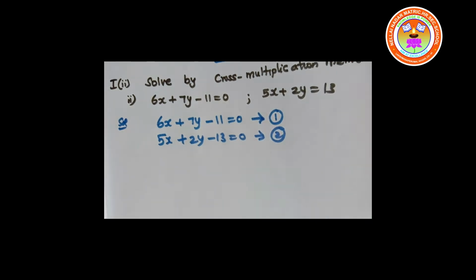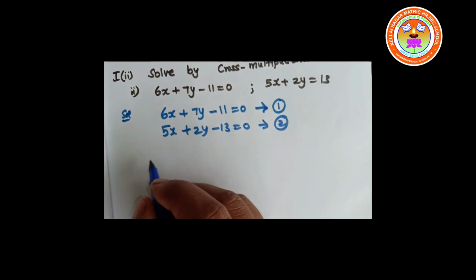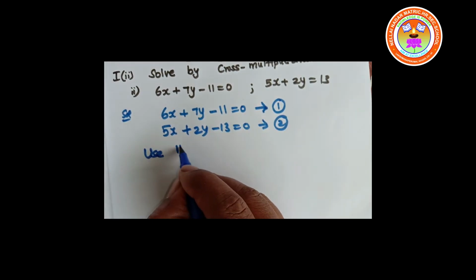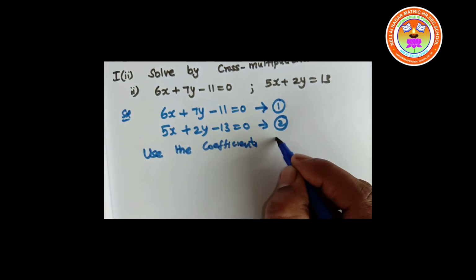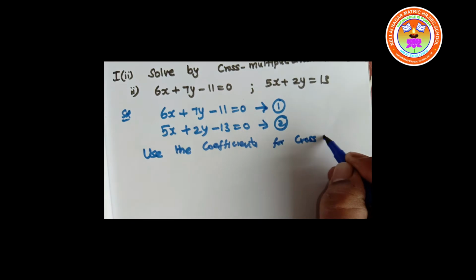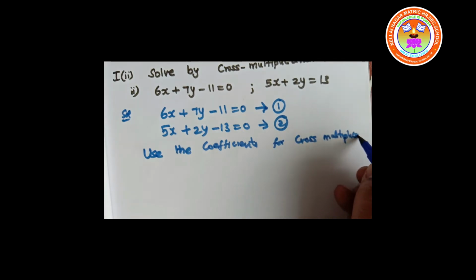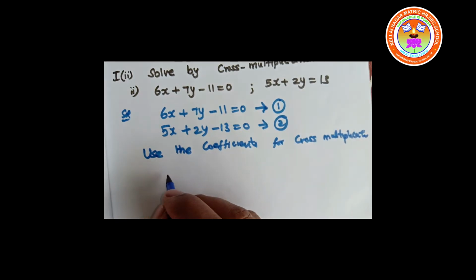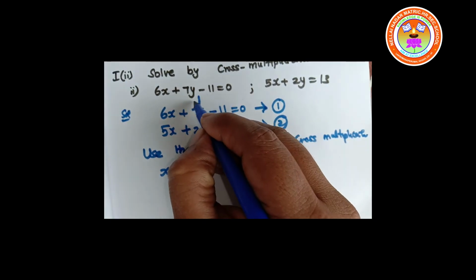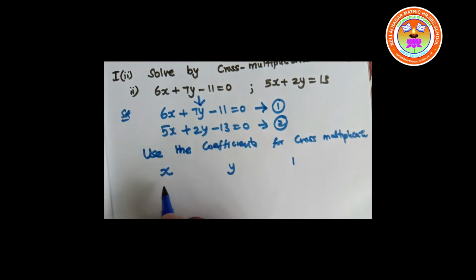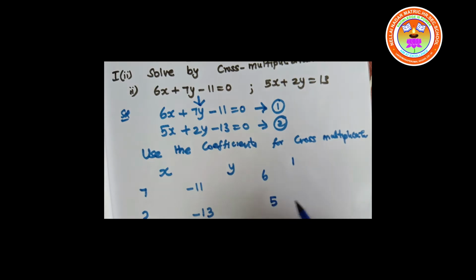Now we take the coefficients for cross multiplication. Is it clear, children? Now x, y and constant. First you take the middle: 7, 2, minus 11, minus 13, again 6, 5, 7, 2.